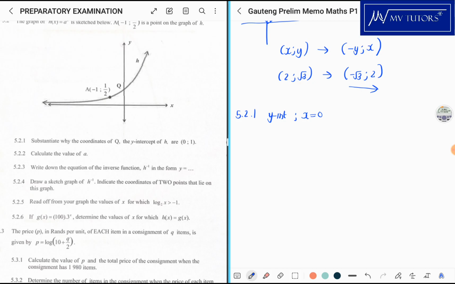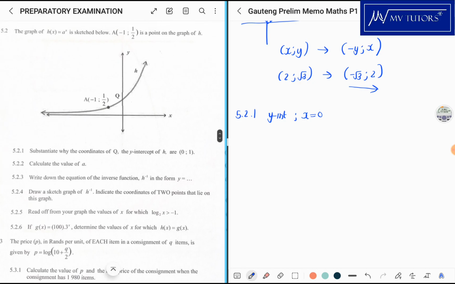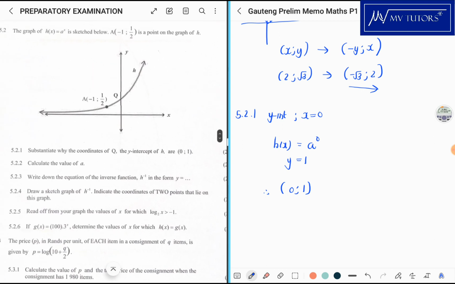And if your equation is a to the power 0, anything to the power 0 will be equal to 1. Therefore your x value is 0 and your y value is 1. Simply put, I think this is 2 marks.